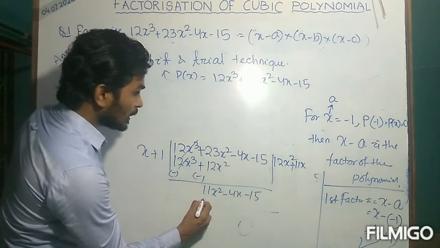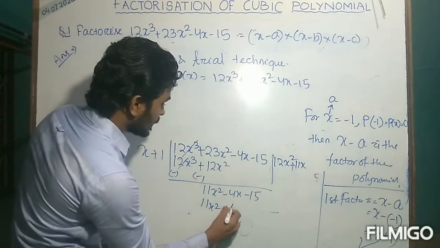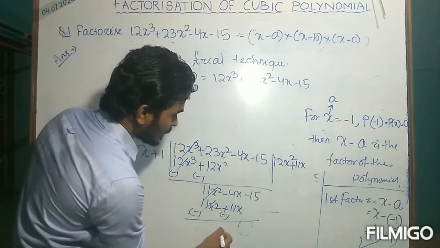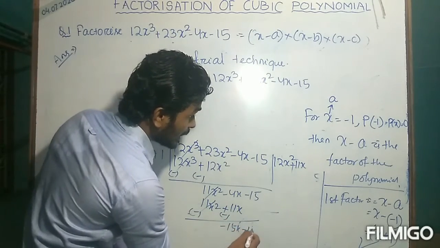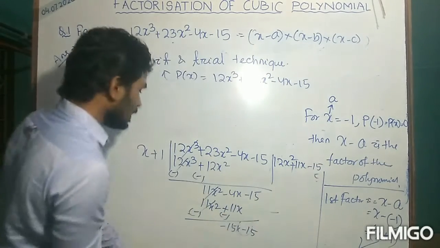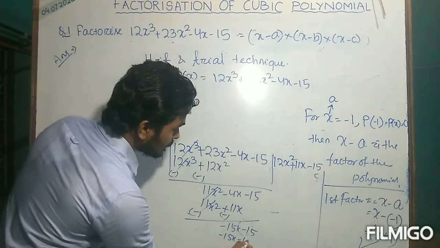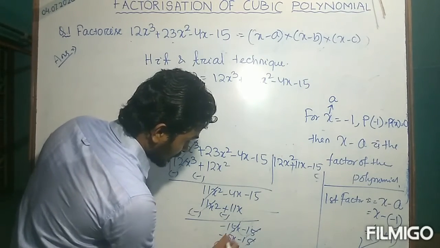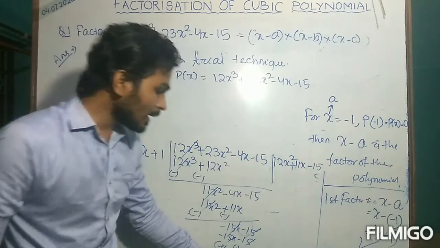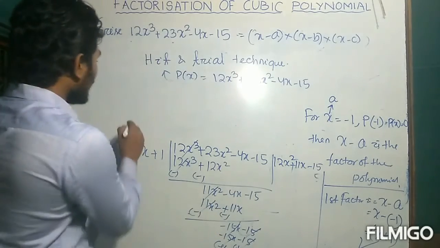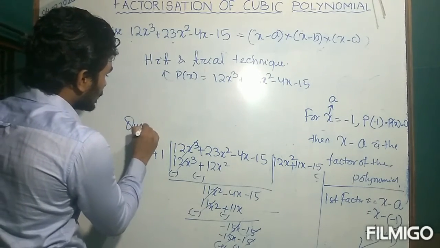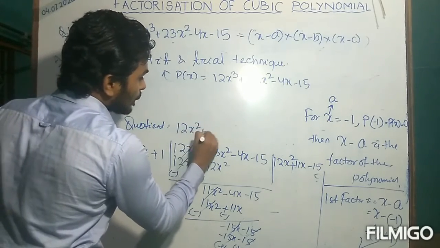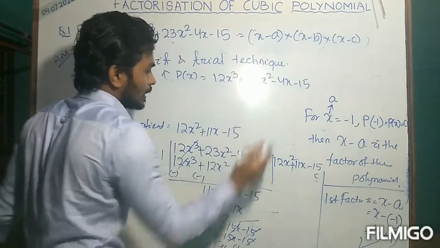So it will be 11x square plus 11x. Now minus, these two cancelled out. It will be minus 15x minus 15. Then minus 15. It will be minus 15x minus 15, plus and plus. This cancelled out, 0. Now you get the remainder is 0, and the quotient is what? The quotient here we get is 12x square plus 11x minus 15.